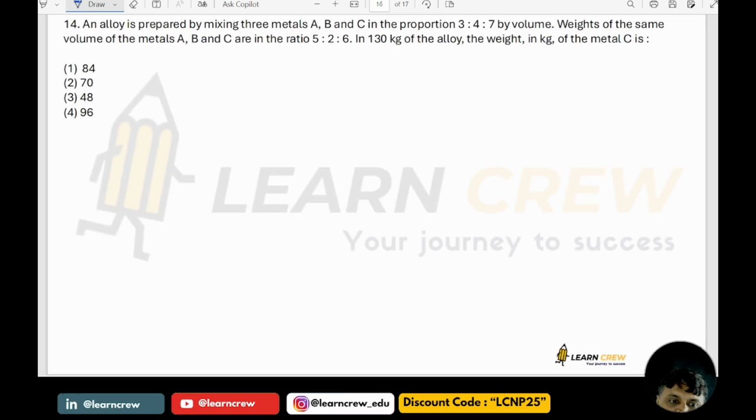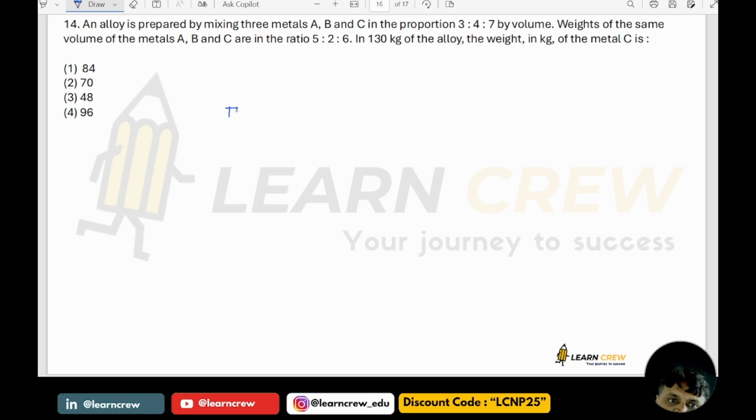Now, an alloy is prepared by mixing three metals A, B, C in the proportion 3 is to 4 is to 7. Weights of the same volume of metals A, B and C are in the ratio 5 is to 2 is to 6. So the ratio of volume of metals A, B, C is 3 is to 4 is to 7, and the ratio of weight of the same volume is 5 is to 2 is to 6.